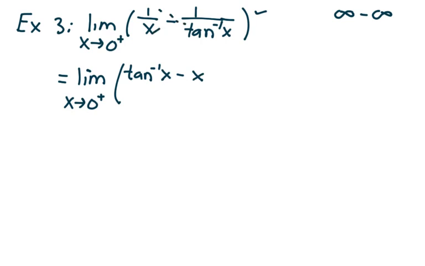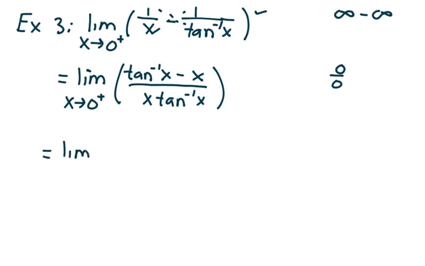So I just cross multiply and subtract, and I'm going to divide by the product of the denominators, which is x arctangent of x. But if you look at this, and you take that limit, you get the indeterminate form of type 0 over 0, and so this is prime for L'Hopital's rule.